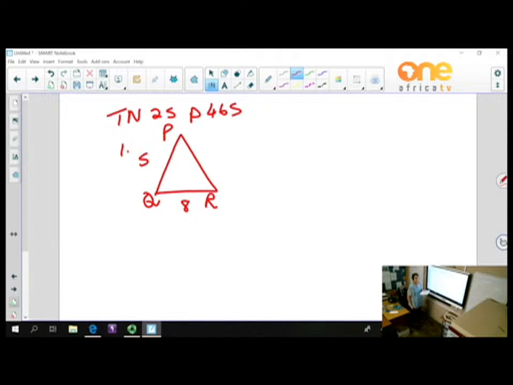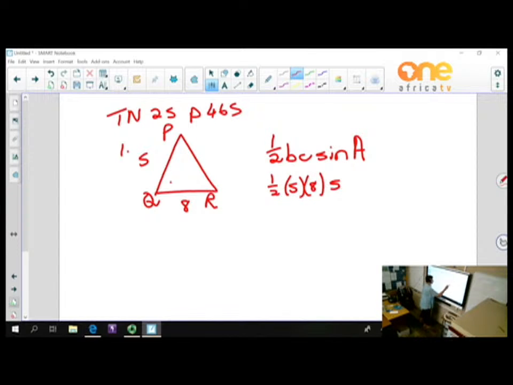And now they gave us the area is 19 square centimeters, and we have to calculate Q. So it will still be a half of BC sine A. So now it will be a half of 5 times 8 sine A. This is what we want to calculate. And we have the area to be 19 square centimeters. You have that area, so you equate it to that one there.